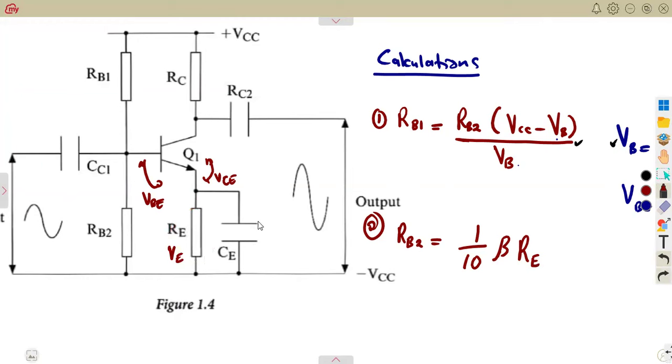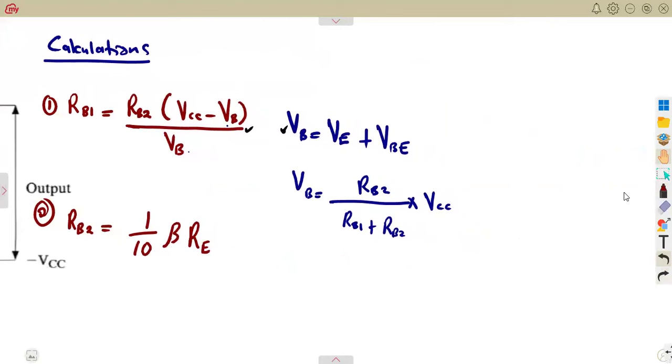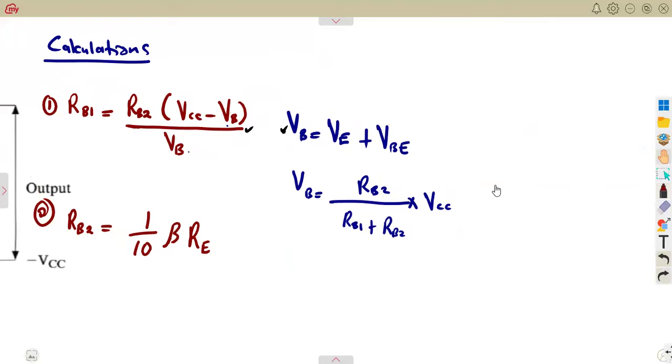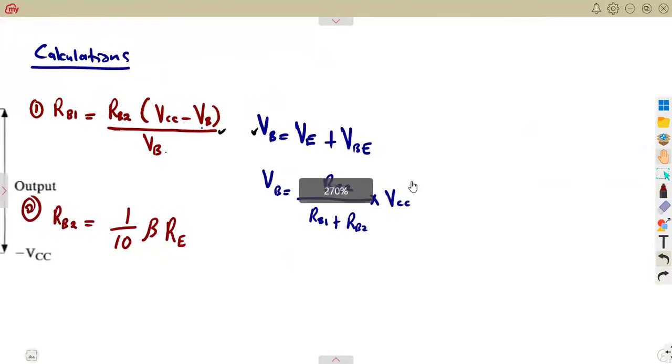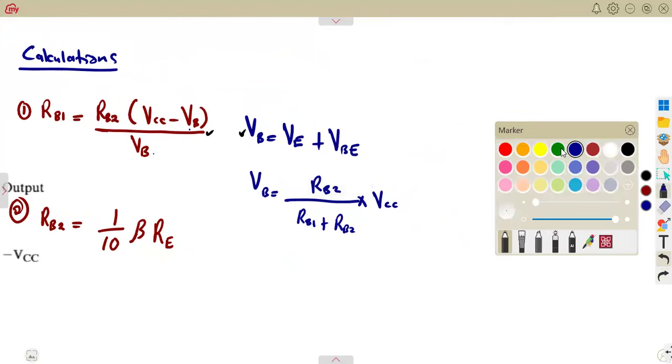We talked about this from our previous class. So this is the major part that is only changed from our simplification. This is the only part that we have to consider. Otherwise, the rest of the calculations remain the same.